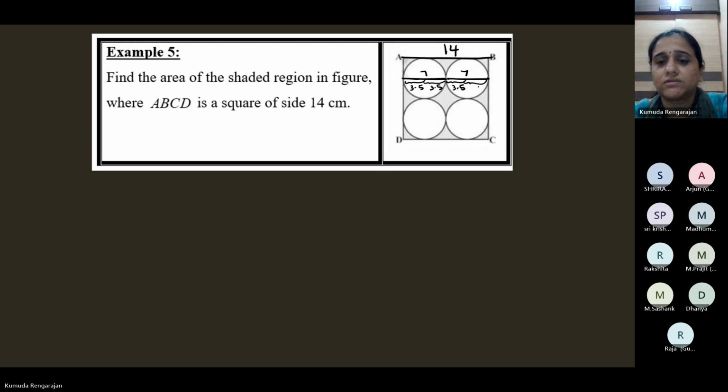The side of the square is 14 centimeters. So the diameter of each circle will be 7, and the radius of each circle is 7 by 2, or 3.5.